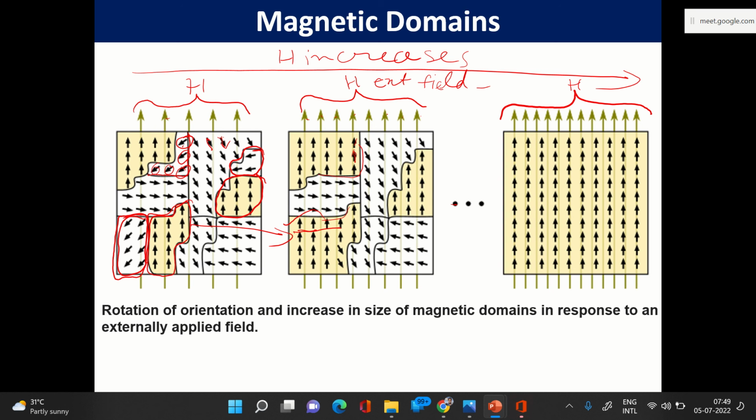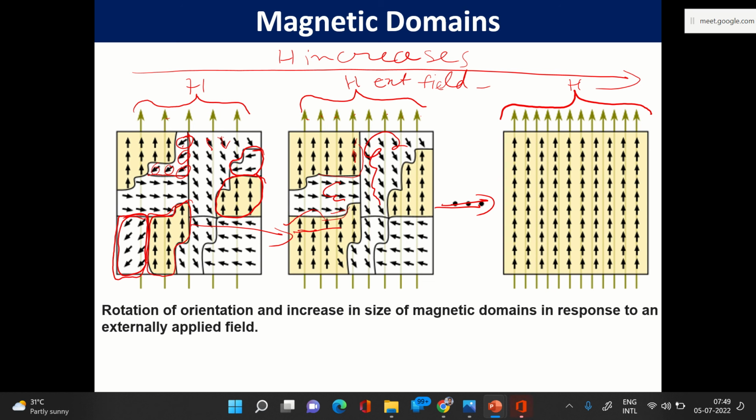That is growth of the domain. The boundary between the two domains is now gone, and if you go on increasing the applied magnetic field, a situation will come when all of these other white shadings will get aligned with the magnetic field, and you will have a single domain.